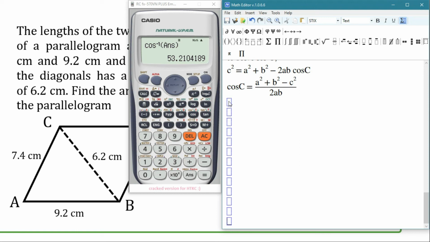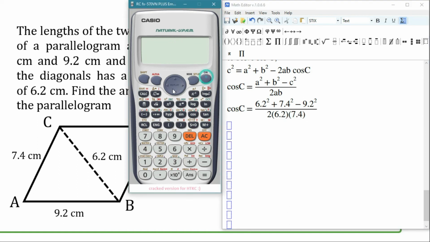Okay? And then, plug in the values to our formula. So, we have here A would be equivalent to 6.2. And then, B is equivalent to 7.4. And then, C is equivalent to 9.2. Okay? And then, we have down here 2 times 6.2 times 7.4. Alright.